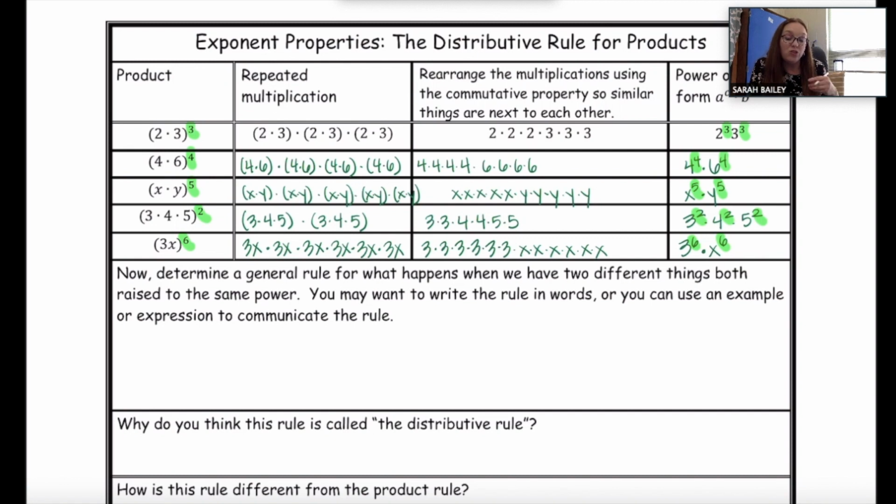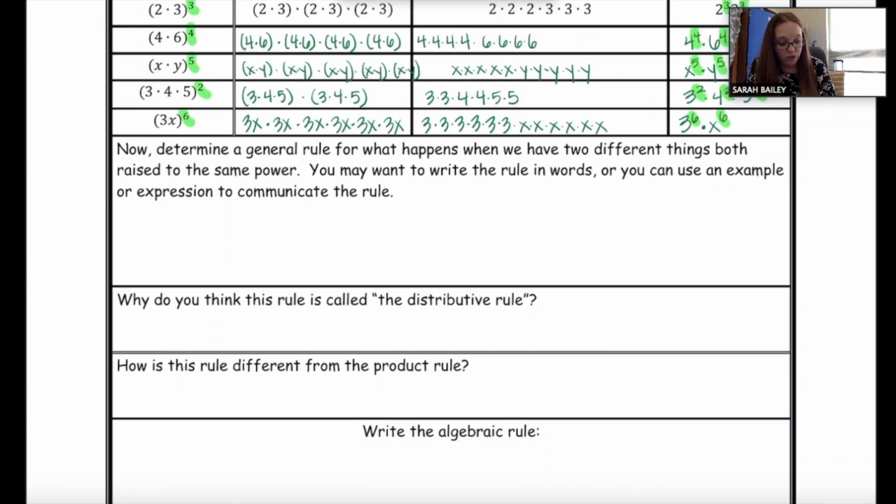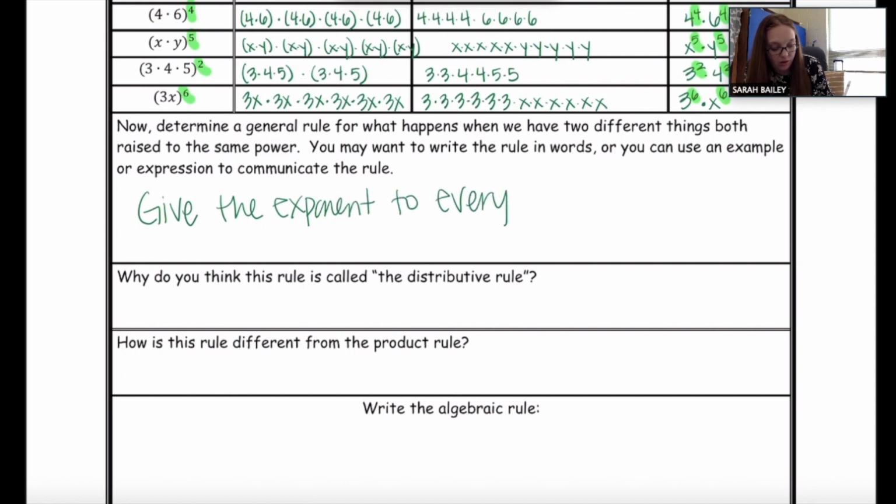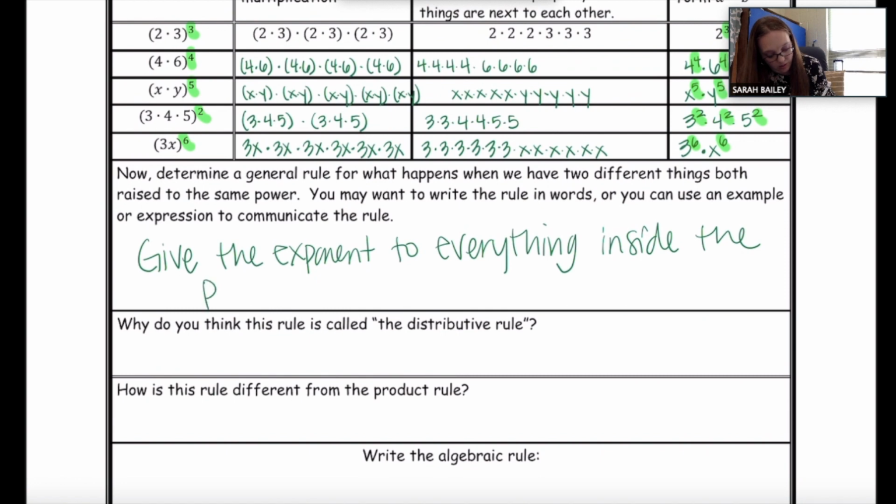We're going to distribute the exponent to everything inside the parentheses, exactly what we just said. Or maybe you want to say give instead of distribute. Give the exponent to everything inside the parentheses.